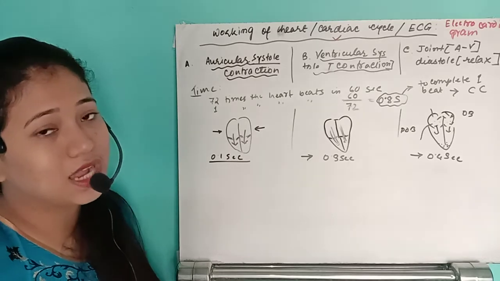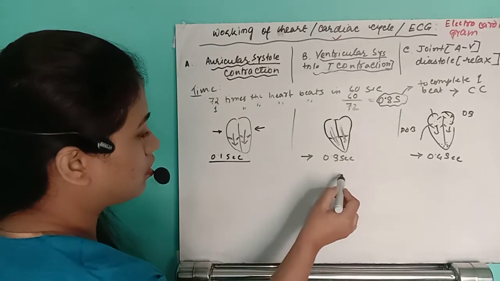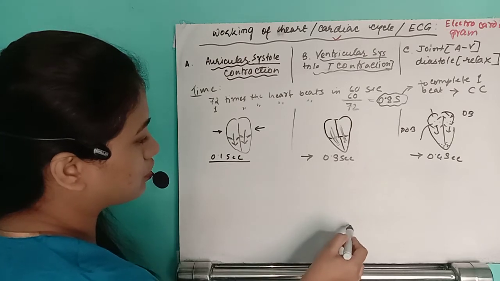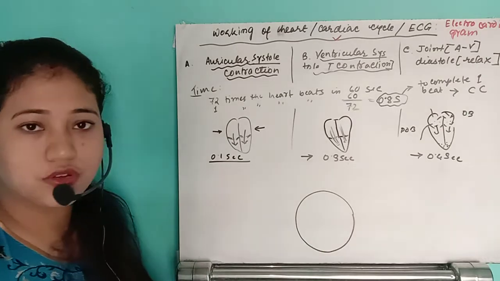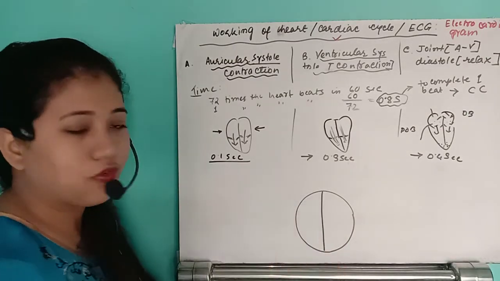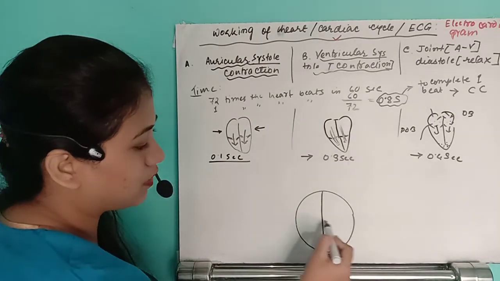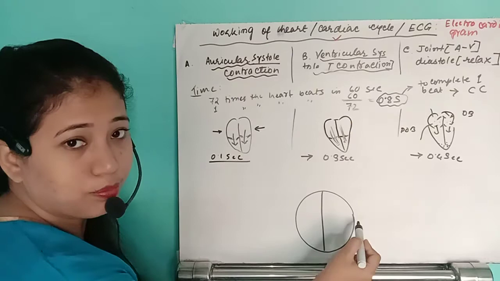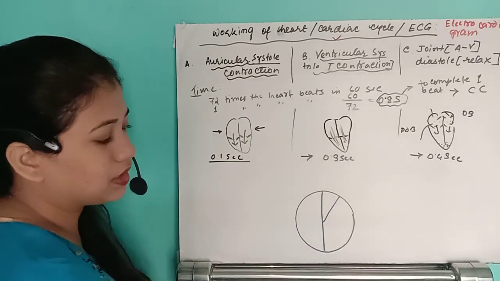Now, what is this cardiac cycle? We will represent a cycle here. Let us see, suppose this is a cycle. This is the whole 0.8 second. So this will be 0.4 second, half. Then if you divide this way, this will be 0.2. Then from this we take 0.1 second, completely half.